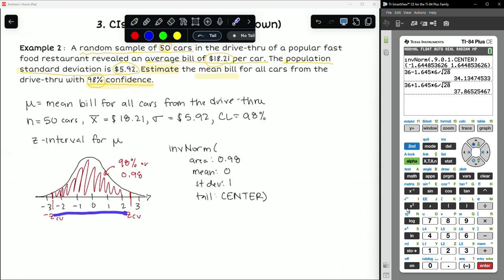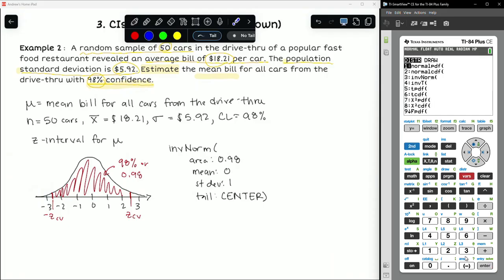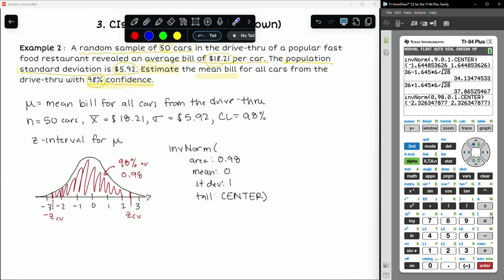If there's 98% in the middle, that's 2% left over, which means half here and half here. Your area would be 1% down here. For us, we get our critical value as 2.33 rounded.